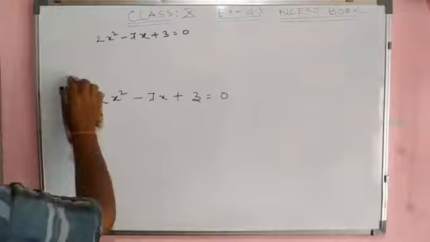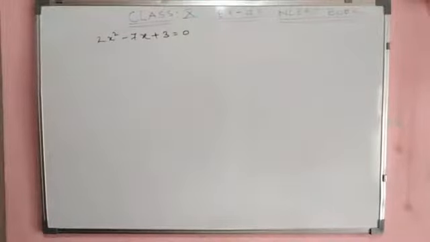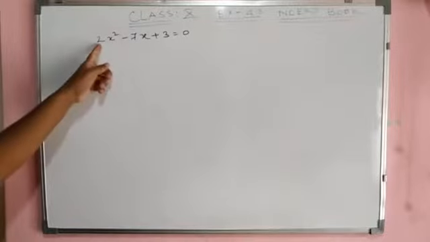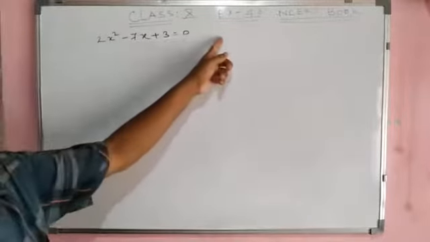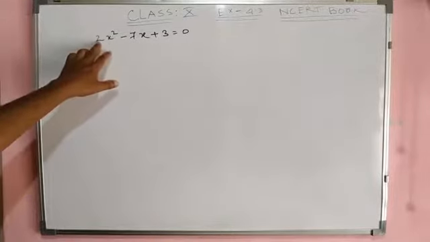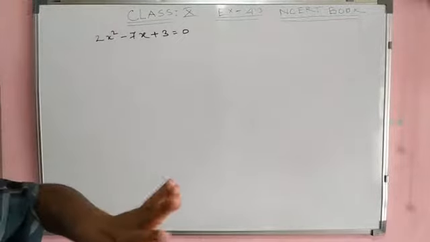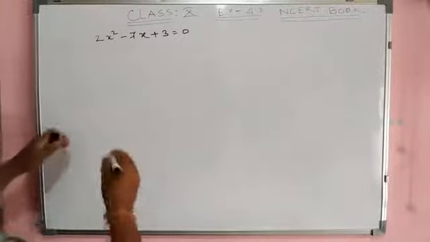During the completing square method, the method is what? We have to divide the equation by the coefficient of x square. Or the other method is that the equation is multiplied by 4 times the coefficient of x square. We can use any one of the methods. So let us apply this method.